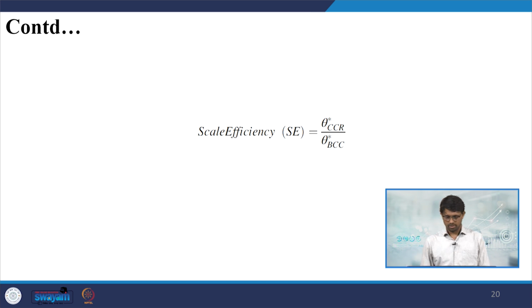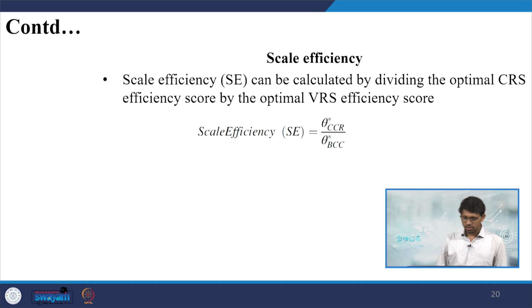Scale efficiency is the third column you have mentioned. It is basically the efficiency score of the CCR model divided by the efficiency score of the BCC model. That means the technical efficiency divided by the pure efficiency is nothing but scale efficiency. So, this is how the third column is derived.